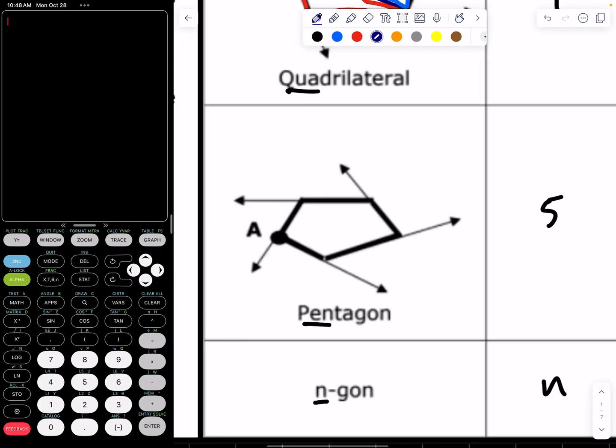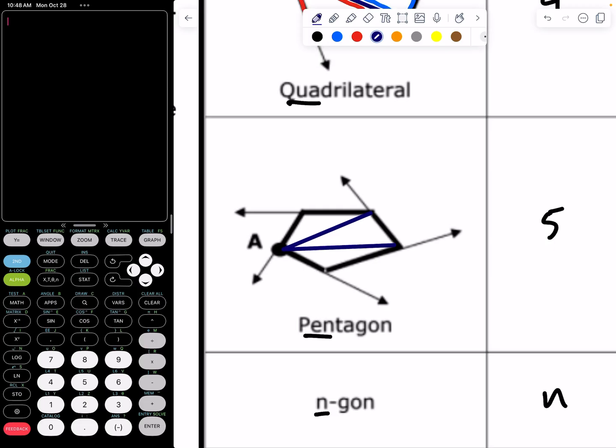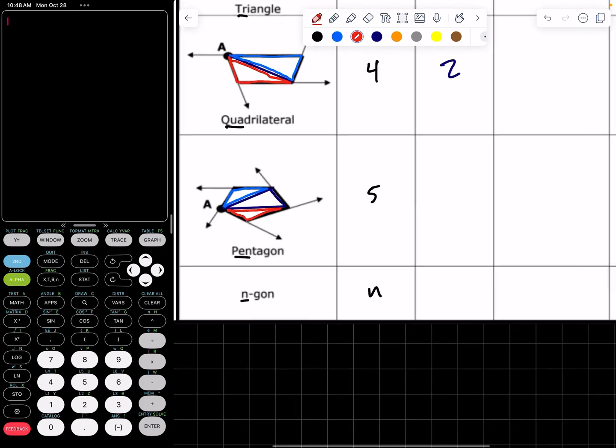For our pentagon, go from point A across, and that creates a triangle right there. We also have a triangle on the left side, and a triangle on the right side. So we have 3 triangles here.